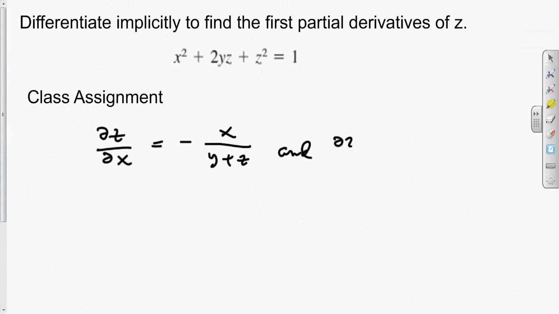And the partial of z with respect to y is negative z over y plus z. They all had a factor of 2 in them. You just divide that 2 out and that goes away. No, it's still right. Yes, sir. No, it's fine. Yep.